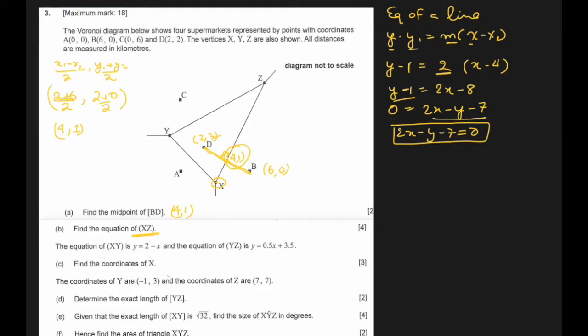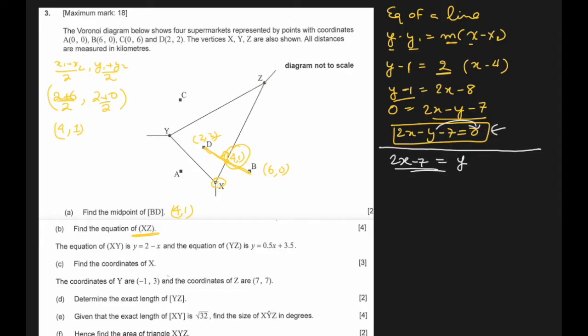Let me use this one. So this is the equation of XZ, correct? Let me isolate y in this. So can I write 2x minus 7 equal to y? I just put y to the right side. This gives the y coordinate for any x coordinate for this equation.